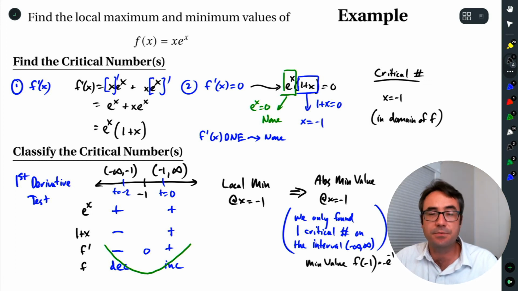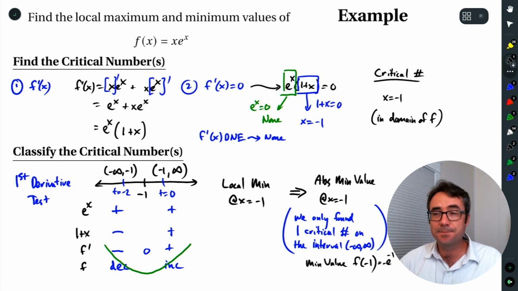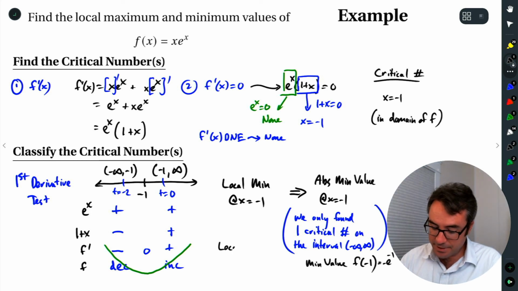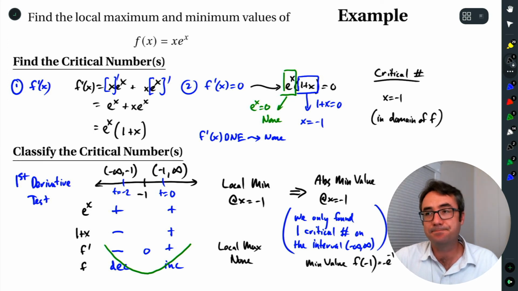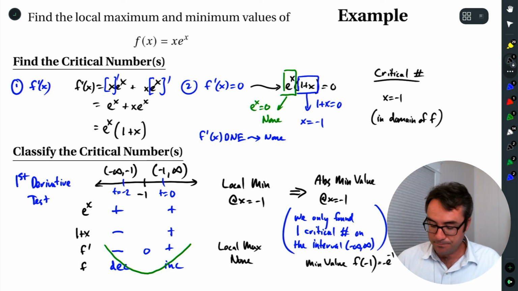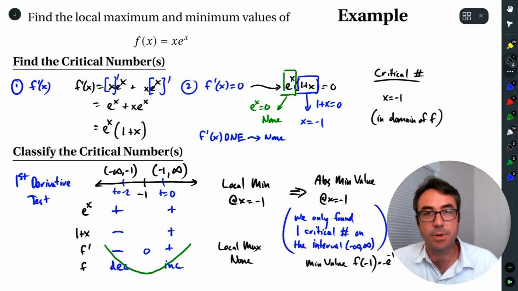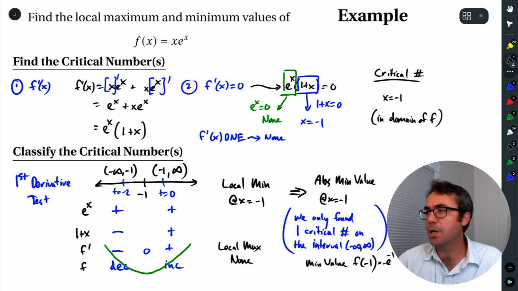So that's as low as our function ever gets. And since we only found one critical number, and it's a local min, what that means is there is no local max. So we found a local min, which turned out to be the absolute min, and then there's no maximum for our graph.